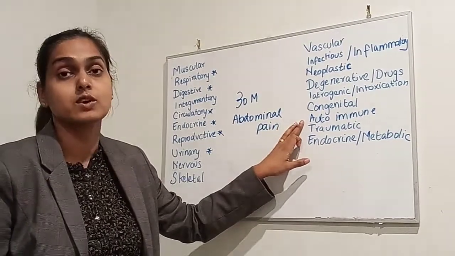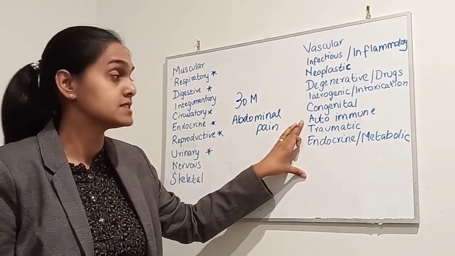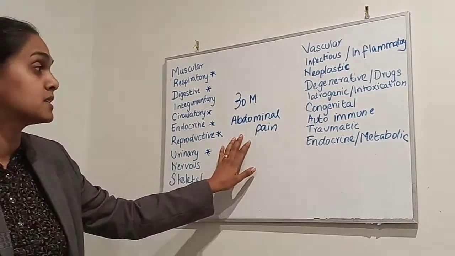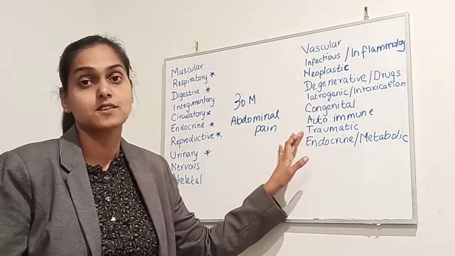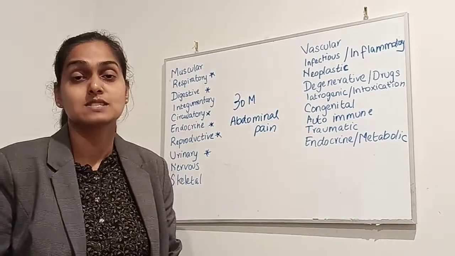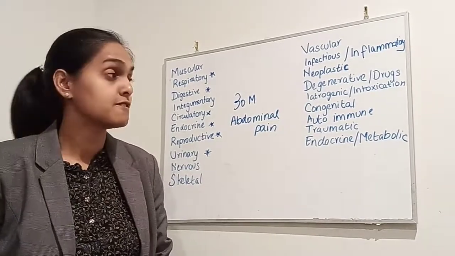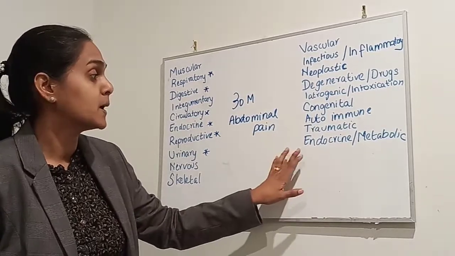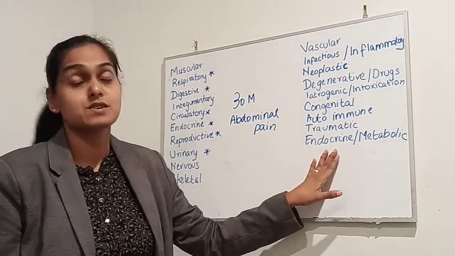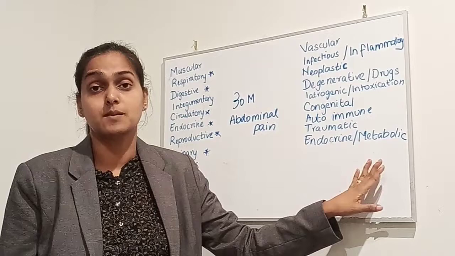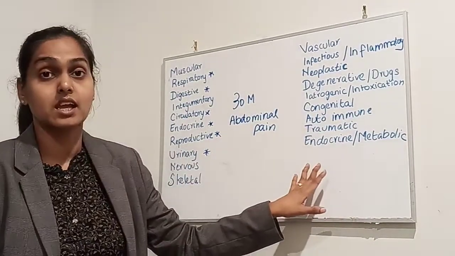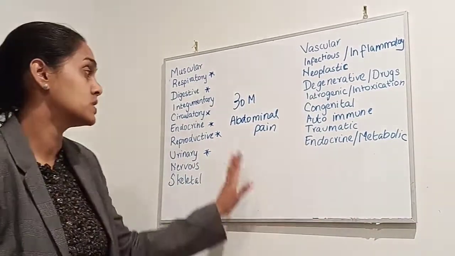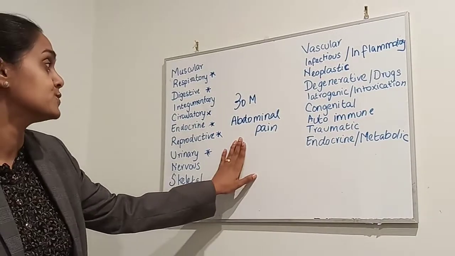Autoimmune disorders like Crohn's disease, inflammatory bowel disease can also produce abdominal pain. Patient could have suffered a trauma causing spleen rupture or liver infarction, or even perforation of your intestines, endocrine issue, especially like a diabetes mellitus, in which DKA can cause acute abdominal pain, which would be diffuse as well.